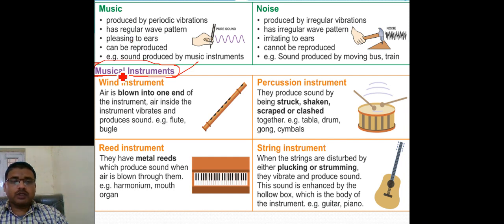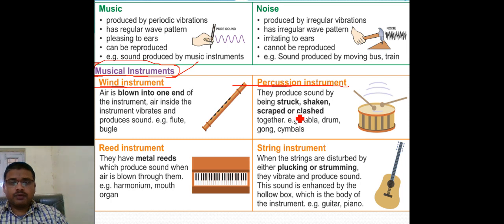What are these parts? The first is known as the wind instrument. The second kind of instrument which produces sound is the percussion instrument.